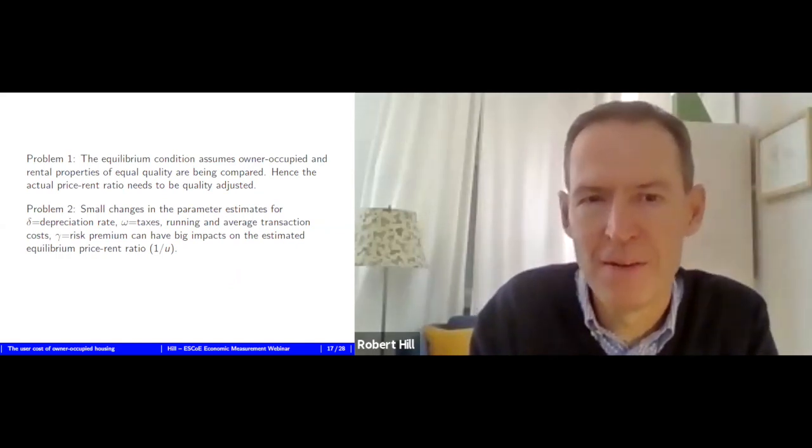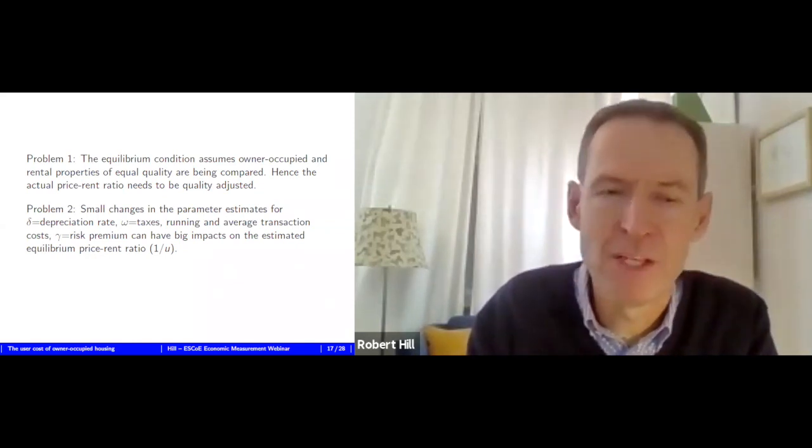Now, the second problem is that, particularly when the per euro user cost is small, all these parameters in the user cost formula can have a major impact on the resulting equilibrium price rent ratio. Suppose you use something close to zero, like 0.01, only just bigger than zero.